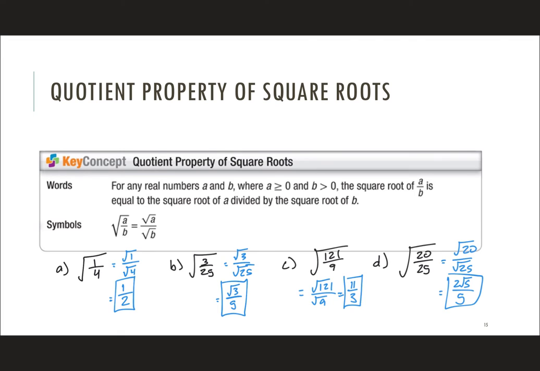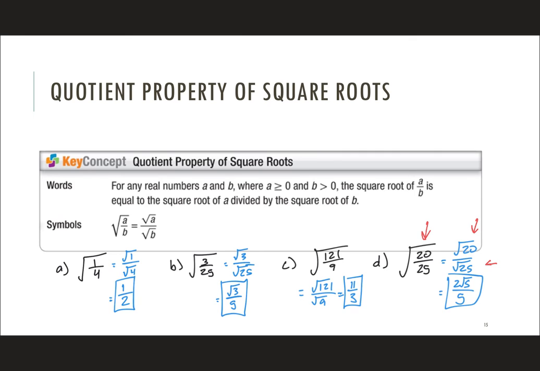Now, what I want to draw your attention to before we move on is on letter D. Notice how I didn't simplify my fraction before I rewrote it. See that? The reason why I did this is because I noticed my denominator was a perfect square, and that when I rewrote it, it would simplify completely and very nicely.